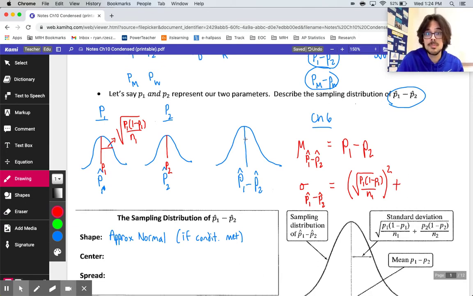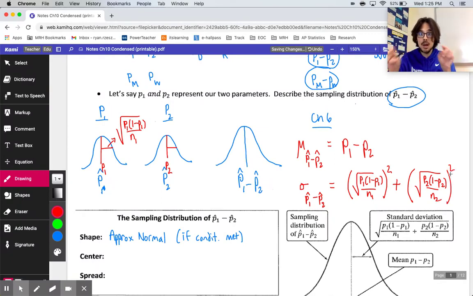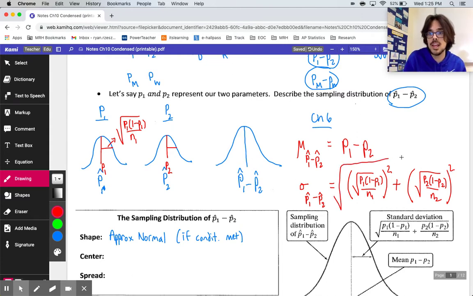I would do the same sort of thing for my second guy over here: p2 this time, 1 minus p2 over n2, and I would square that. Now those are both going to be variances, so at the end of the day, I would just take a square root of all of that after I add it. And when I do that, I'm going to actually end up getting what you see written right here.